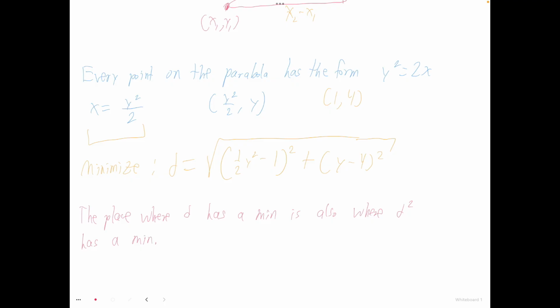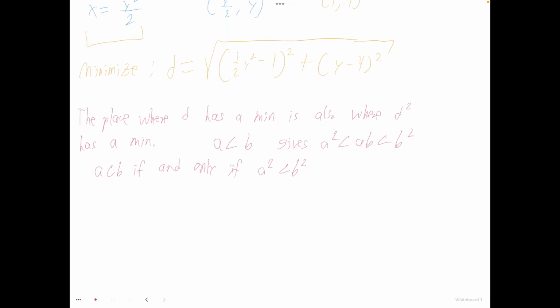So wherever d has its minimum, meaning the y value that minimizes d, will also minimize d squared. This comes from the idea that a is less than b gives that a squared is less than a times b, which is less than b squared. And so a is less than b if and only if a squared is less than b squared.